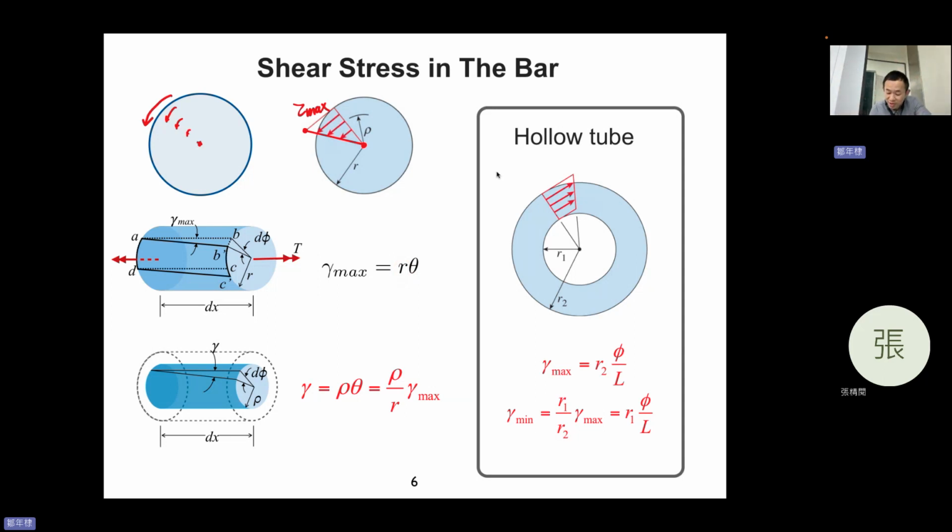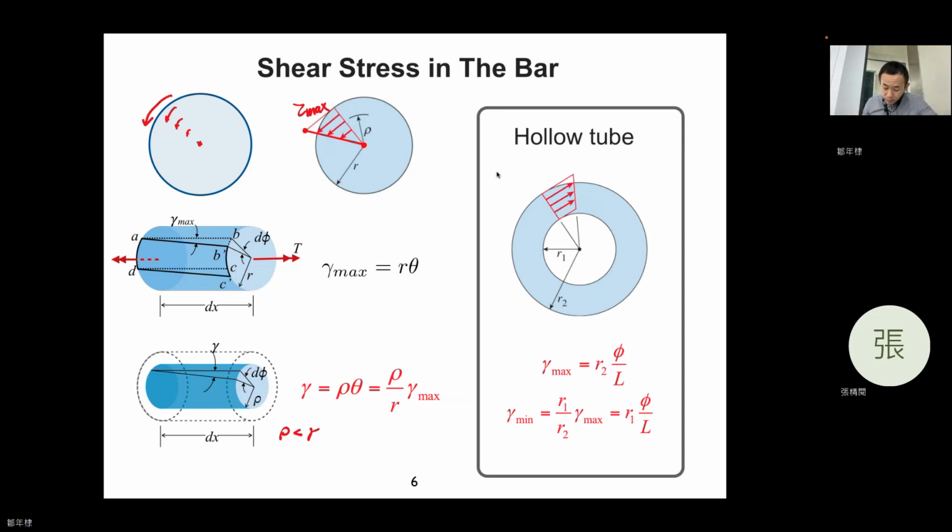So now your surface becomes rho. The rho is smaller than your R. The rho here is smaller than your R. So this rho max becomes R.